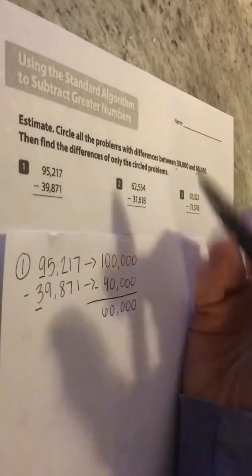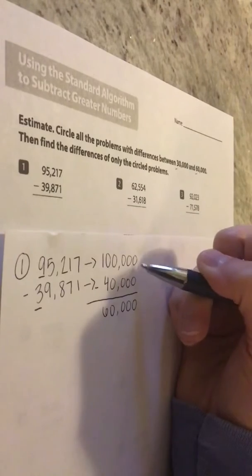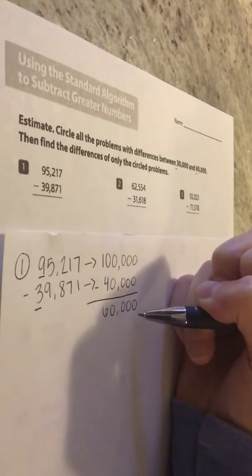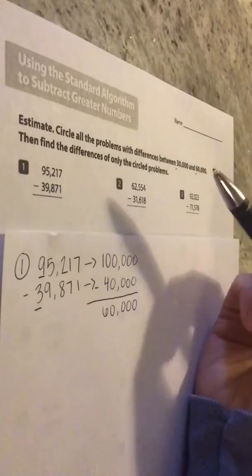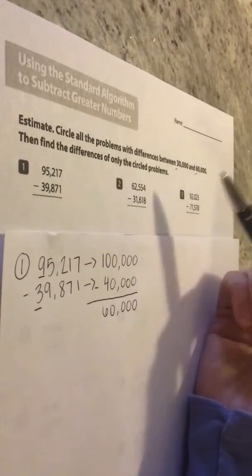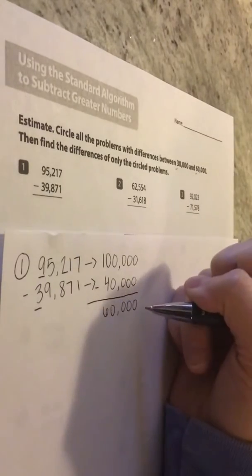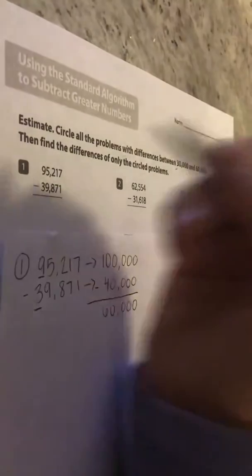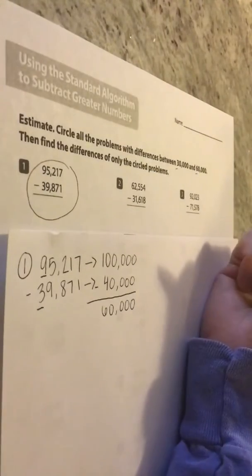So when I estimate this problem, I get 60,000 because 100,000 minus 40,000 equals 60,000. So the directions, again, they said to circle the problems with differences between 30,000 and 60,000. So because when I estimated I got 60,000, I have to circle it because it is between these two numbers.